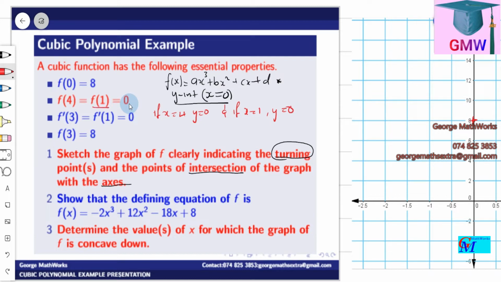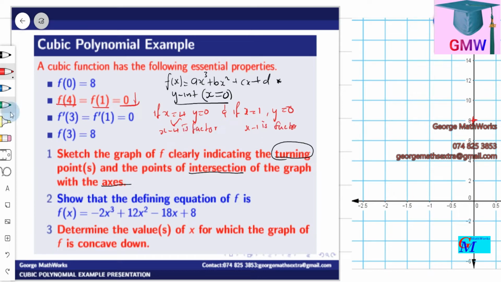If we evaluate a function and we get a 0, in other words, they say x = 4 is a root and x = 1 is a root. Or some will say x − 4 is a factor, and also x − 1 is a factor. That's what we cover in class.